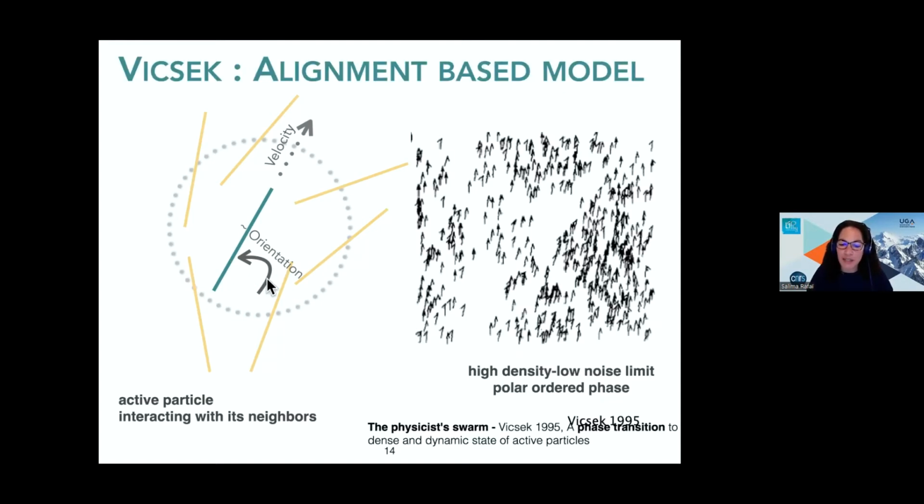And with this very simple system, Vicsek obtained, for a high density of particles and a small noise, a polar ordered phase. So this is what I called here the physicist swarm. The observation is made toward a phase transition, toward the dense and dynamic collective phase.